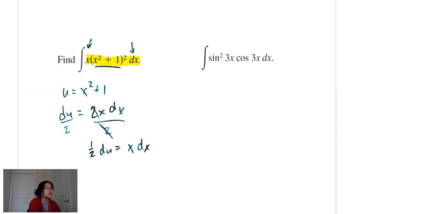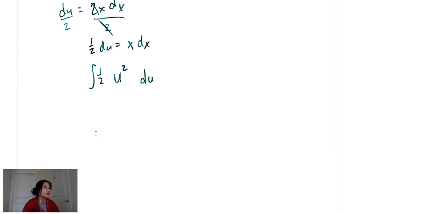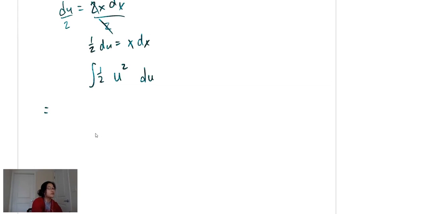So in our substitution, we're going to have 1/2 du, and then we have our u squared. And when we evaluate this, what are we going to get? We get 1/2 u to the 3rd over 3 plus c. And so that's going to be, what, 1/6 u cubed plus c.